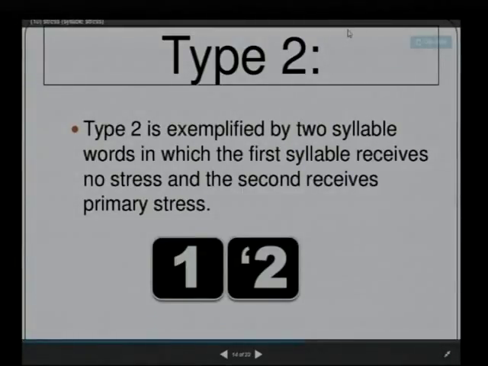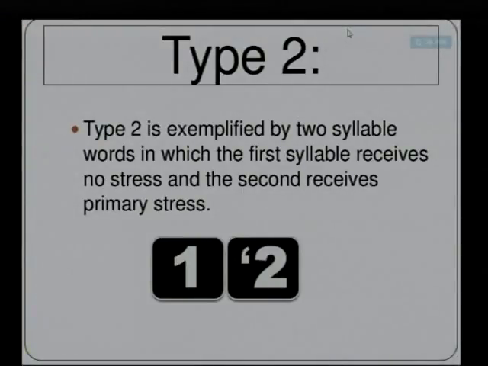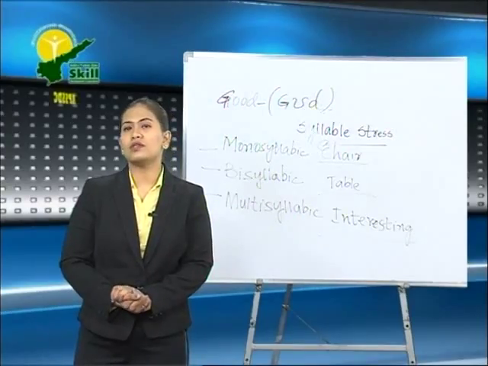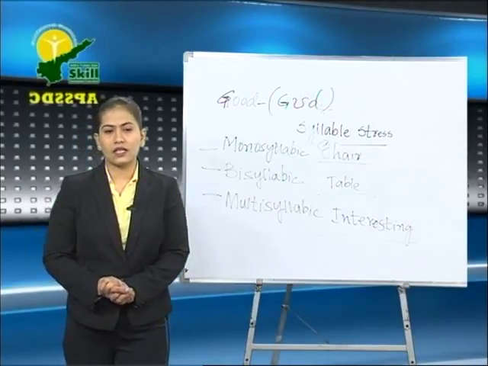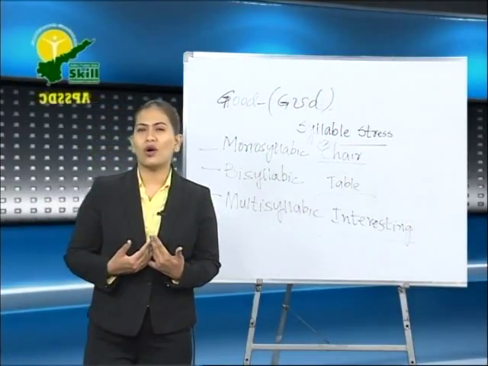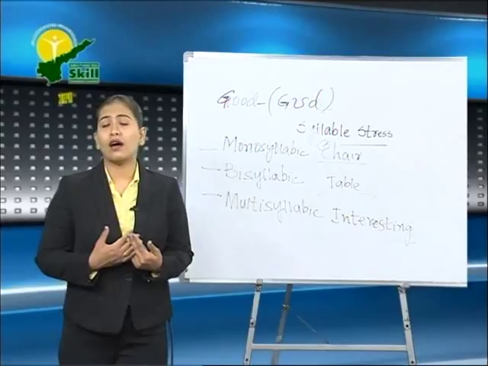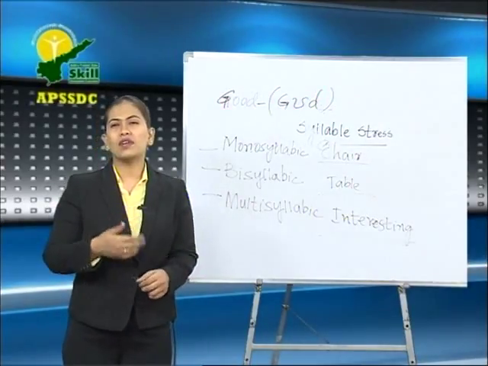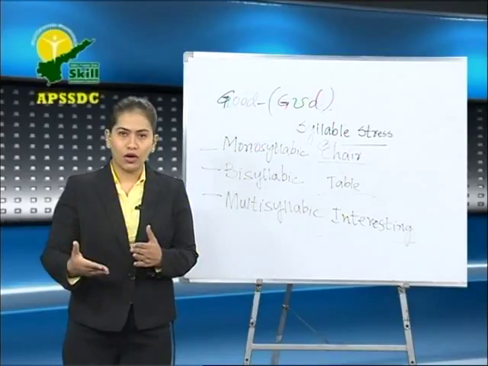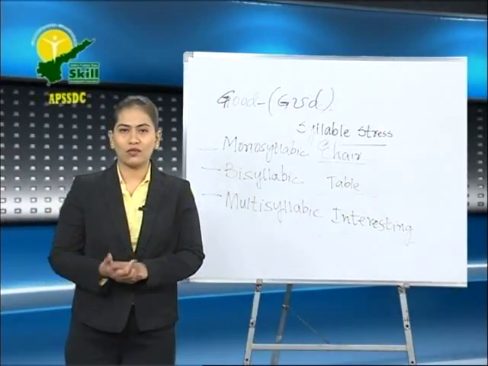So what we'll do is let's identify type 2. Type 2 is exemplified by 2 syllable words in which the first syllable receives no stress and the second receives the primary stress. Something I discussed yesterday: when I give out a word which has a noun form, I stress the first part of the word. When I give out a word which is a verb, I stress the second part of the word.